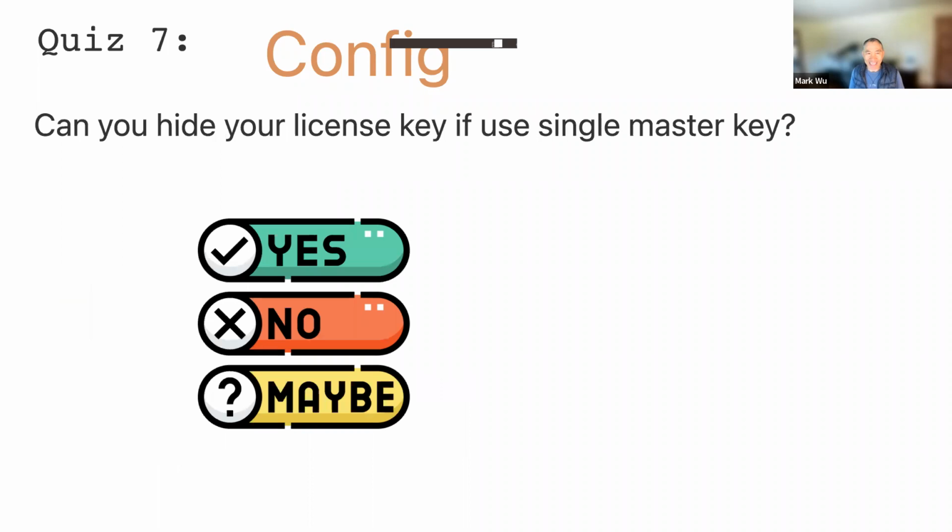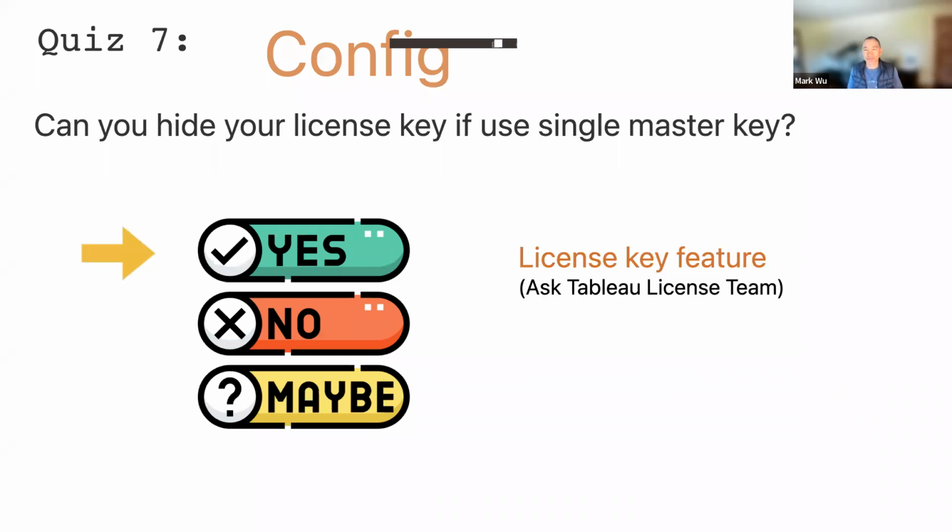Can you hide your license key if you use a single master key? You can, but you have to work with the Tableau license team, not by yourself. Probably not so many people use a single master key.